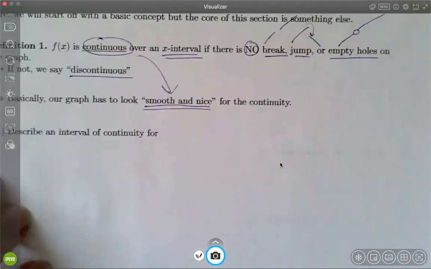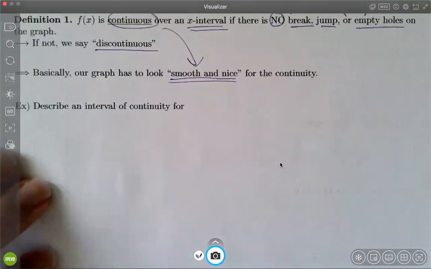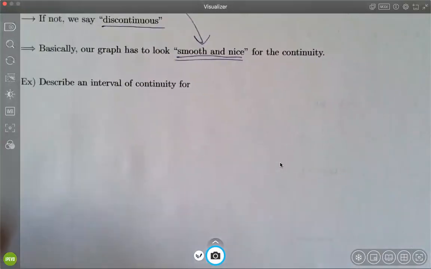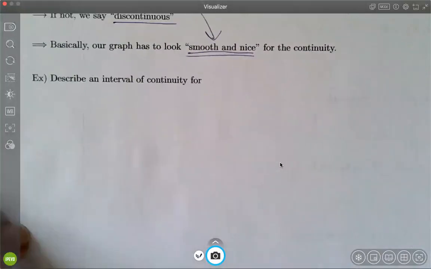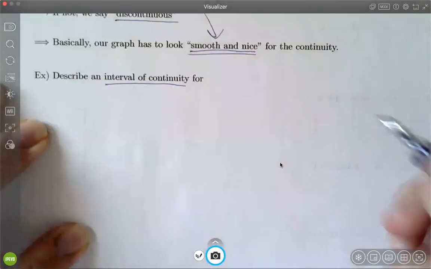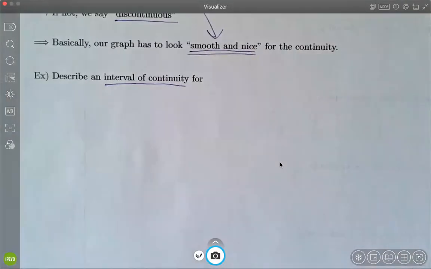And now let's look at these two basic problems. Describe the interval of continuity for, and now you'll see that there's this huge blank, right? Because I'll write down the two graphs.